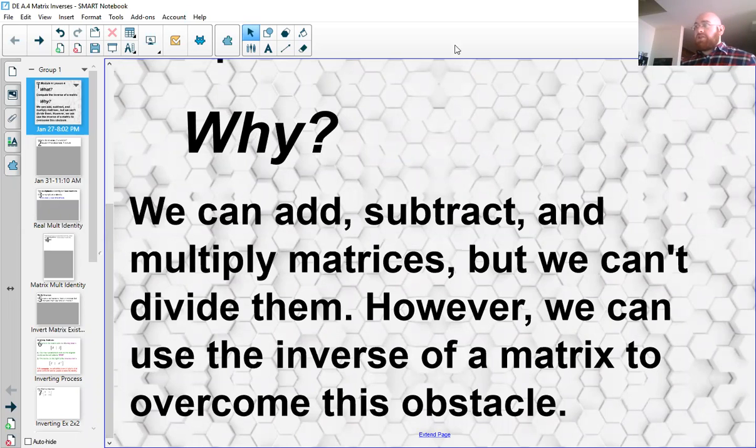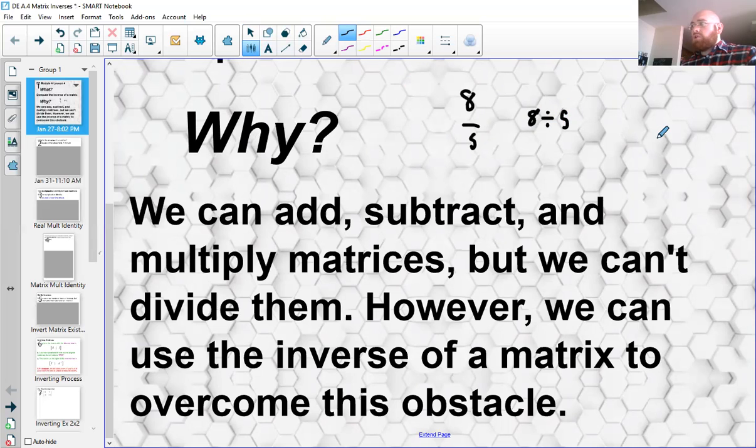So that's very much like saying, instead of 8 divided by 5, we're going to instead do 8 times 1/5. And so we're going to end up using the inverse of a matrix for division.